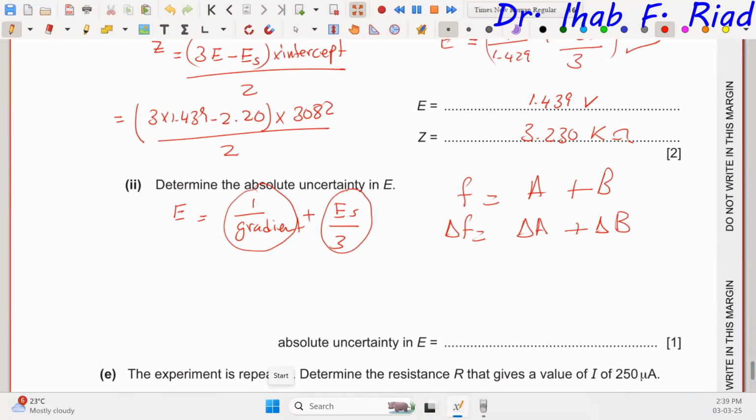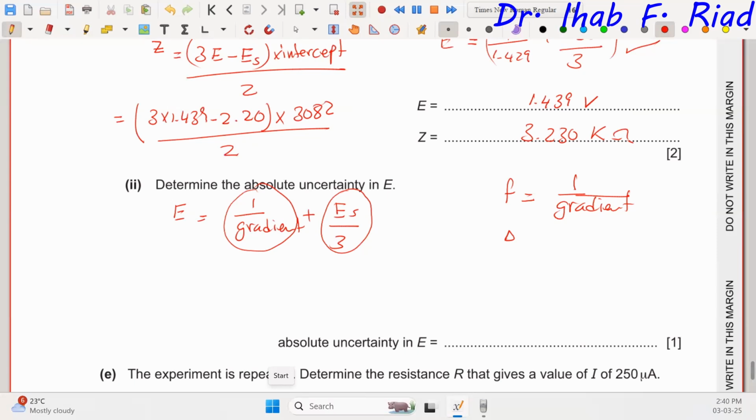Okay. So what if the function is 1 over gradient? Remember, we did something similar, right? Yes. What did we do? Delta gradient over gradient?